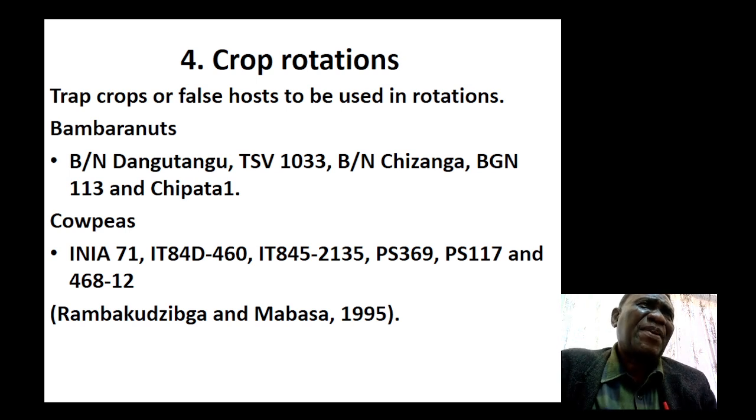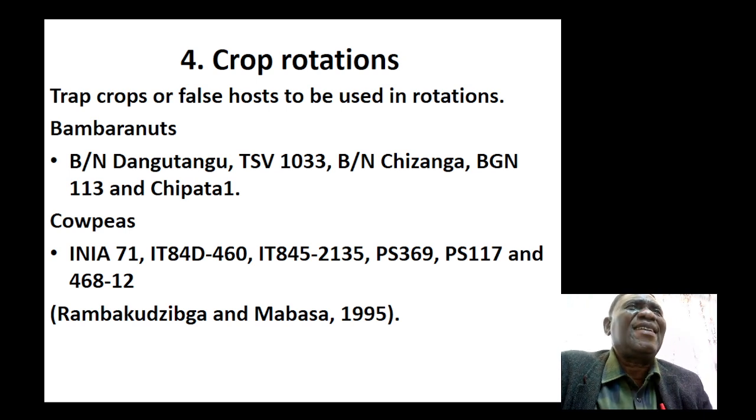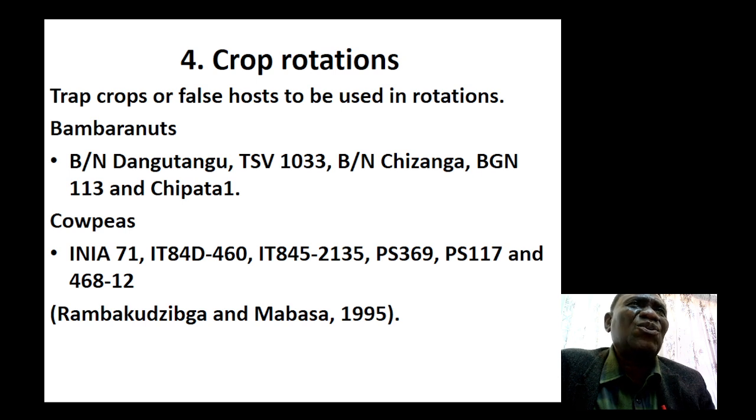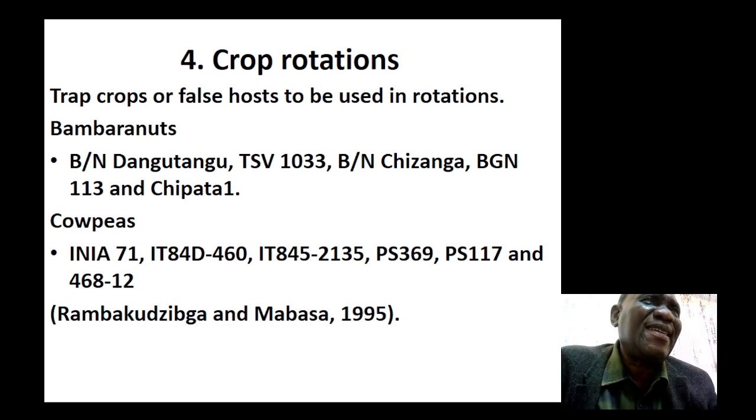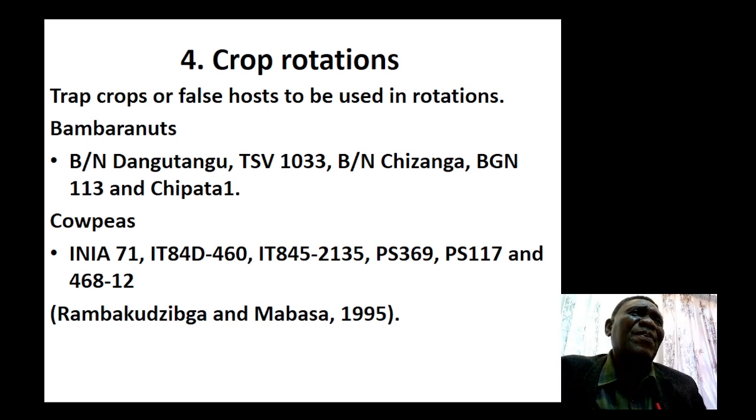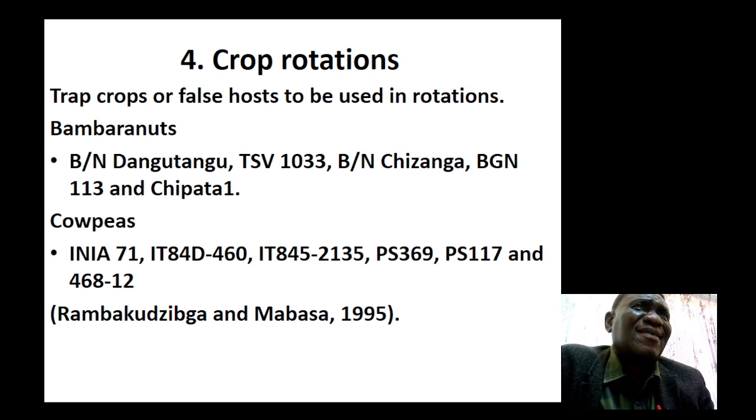Now, BN Dagutang, TSVU 1033, BN Chizanga, BGN 113, and Chipata 1 were bambara nuts which were found to produce a lot of Striga stimulants.